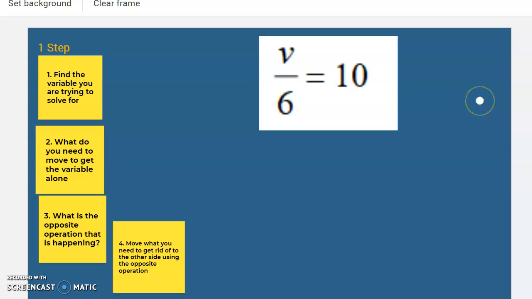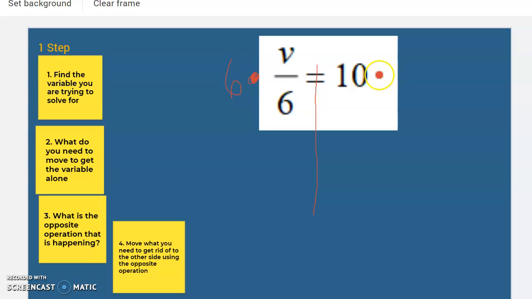This one looks a little different. We've got v divided by 6. It kind of looks like a fraction instead of a division problem. But what we're looking at is v is our letter we want alone, so 6 is on that same side with it, and we have v divided by 6, so the opposite of divide is to multiply.